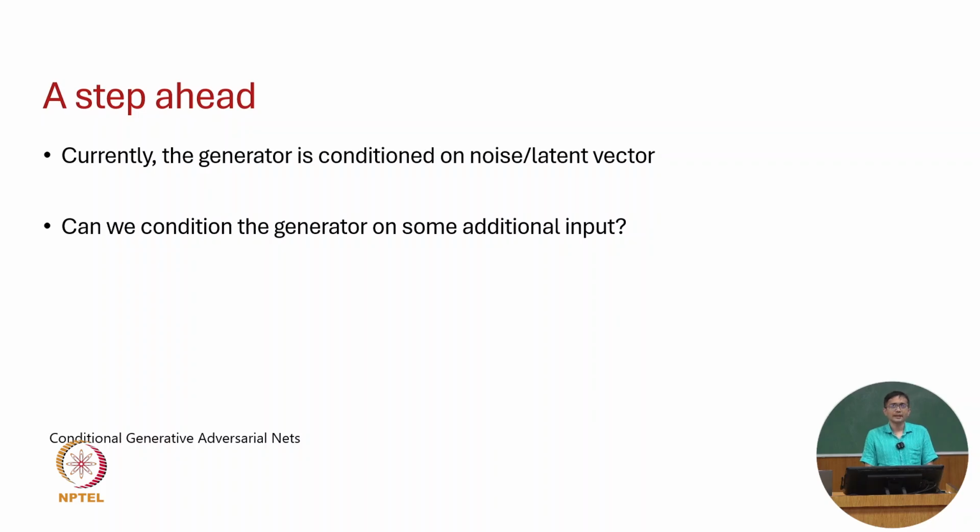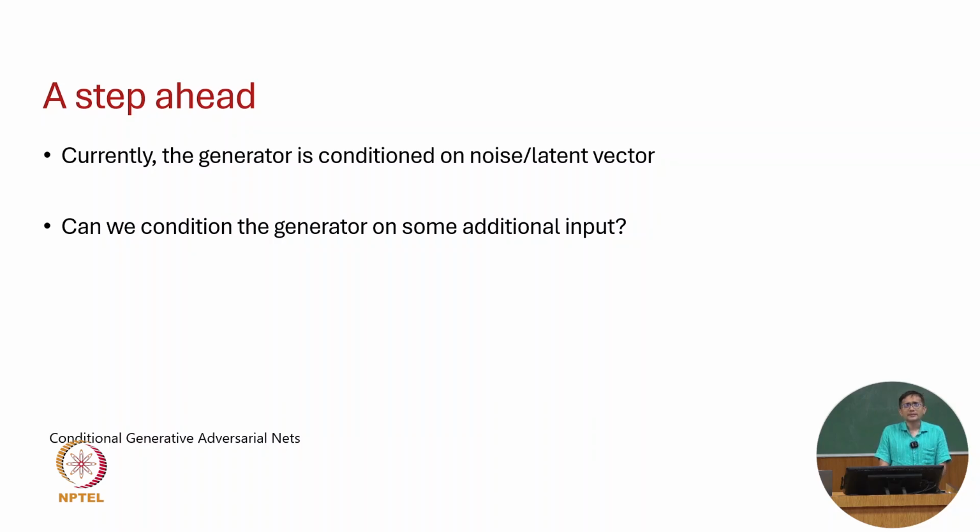Now, let us take a step ahead. Till now, what we have done, we simply had a generator and a discriminator. The generator is simply conditioned on the noise or the latent vector, right? And of course, how to interpret the noise and the latent vector? Well, there are works in the literature in that direction, but that's not what we are trying to discuss at this point.